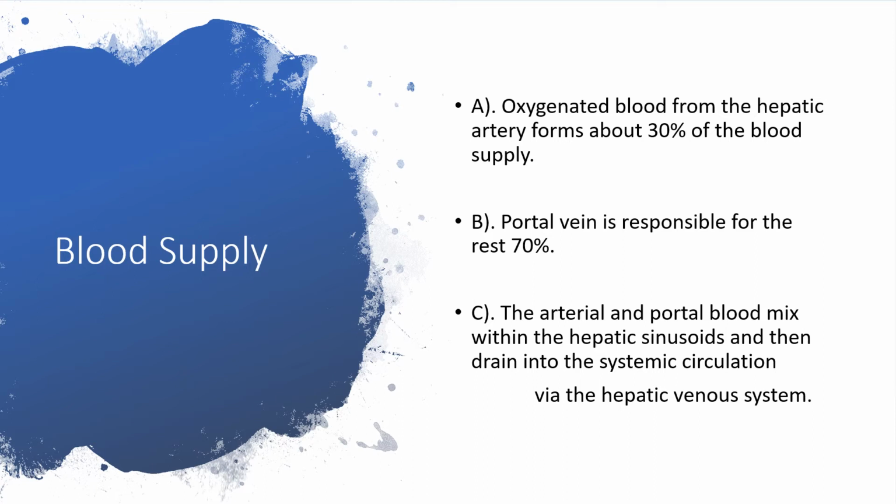The remaining 70% of blood supply to the liver will come from the portal vein. And both the oxygenated blood from the hepatic artery and the blood supply from the portal vein will mix within the hepatic sinusoid and then drain into the systemic circulation via the hepatic venous system.